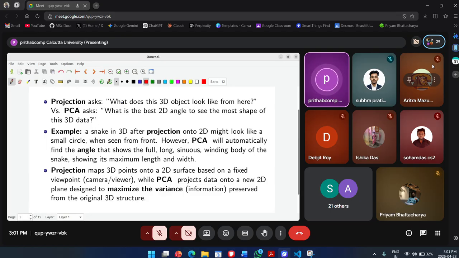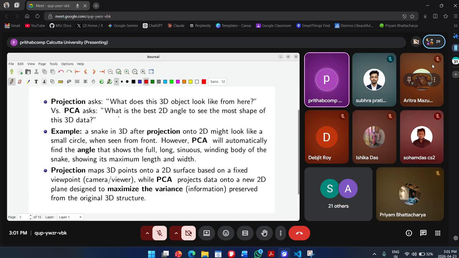In the first question, projection, I am fixing the position of my eye, or fixing the position of the camera from where I am looking at a 3D object and trying to project it onto a 2D plane. But in PCA, a 3D thing you can see from different angles, right?